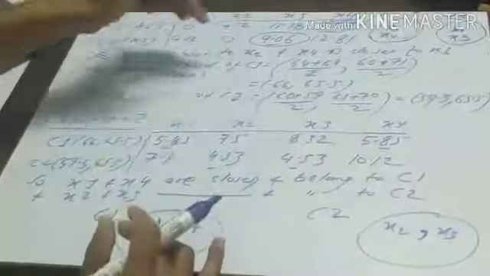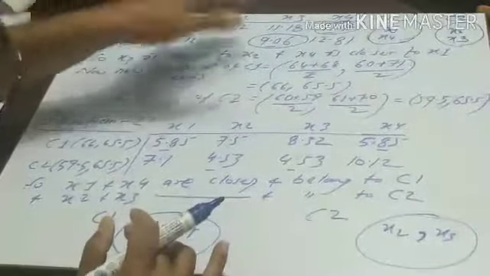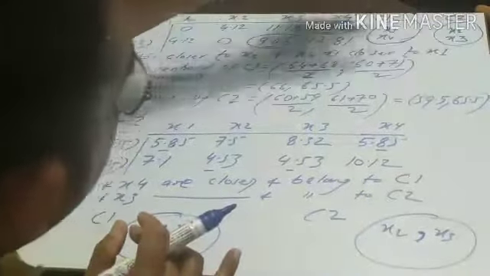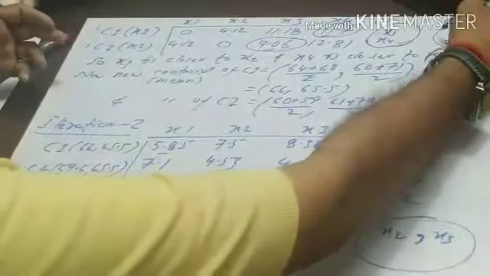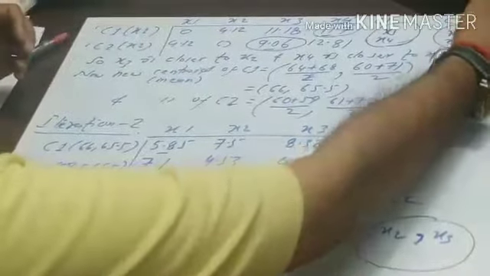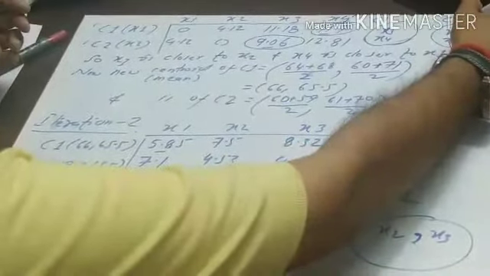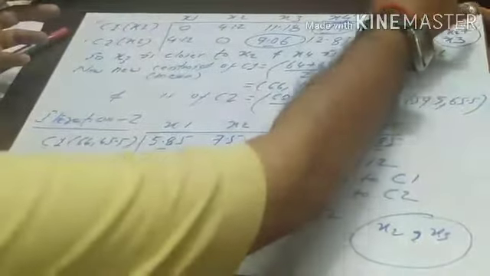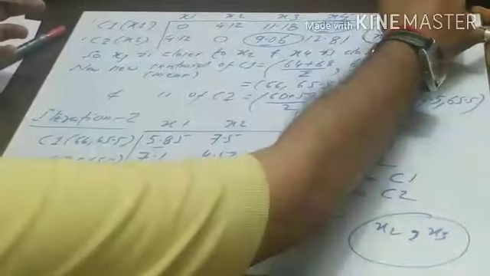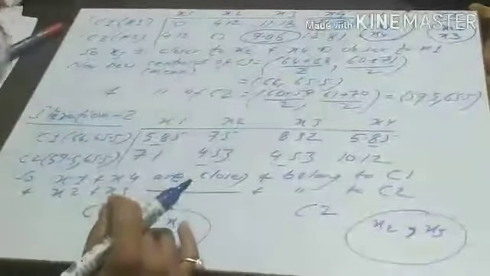So x2 and x3 belong to the same cluster C2. Here x2 is the centroid of cluster C2, and x1 and x4 belong to the cluster C1, and here x1 represents the centroid of the cluster C1.